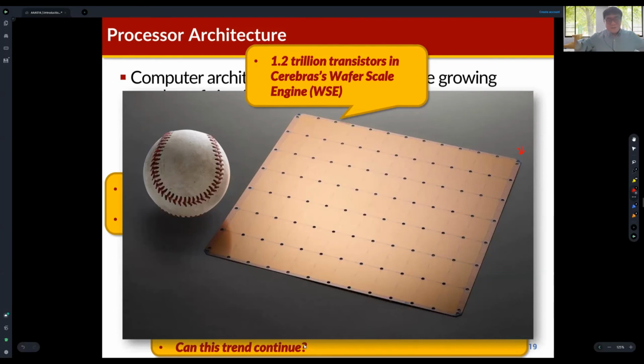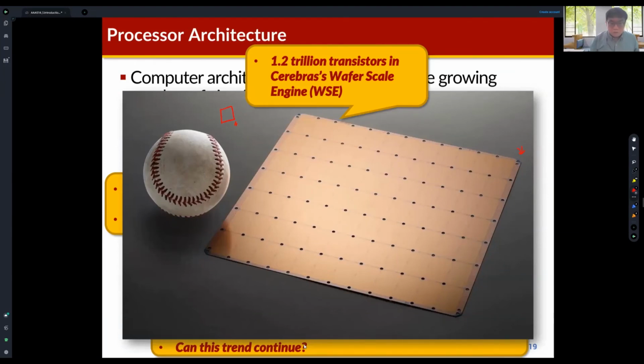But the chip size is very large. Actually, this is very ridiculous because this chip will be very, very expensive. What does that mean? Usually we maintain the chip size small because the chip area is related to the price of the chip.